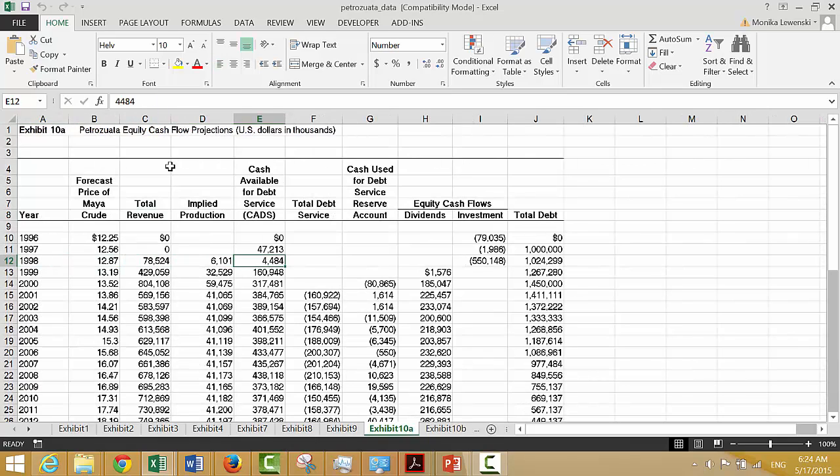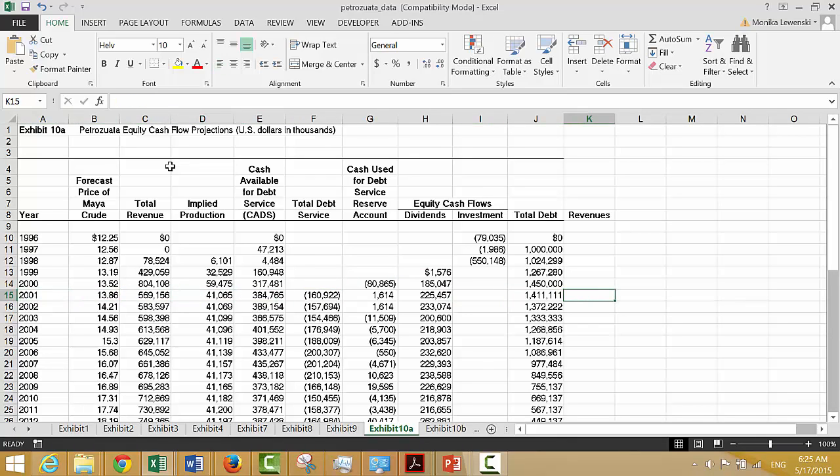Now, we have the CFADS, the applied production and oil price. Now we have to make another kind of simple model. Let's put revenues. How about we start with the debt that gets repaid?